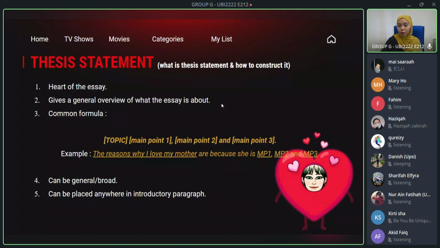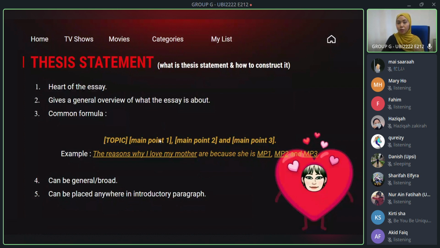Writing should be done with your own style, right? It can be general or it can also be broad, depending on you. It can be placed anywhere in introductory paragraph. Certain people may like to start off their essay with thesis statement, straight away giving the overview. But most writers, however, start off with hook.